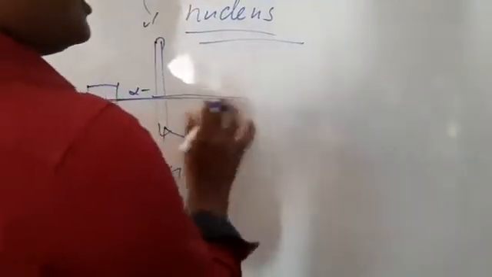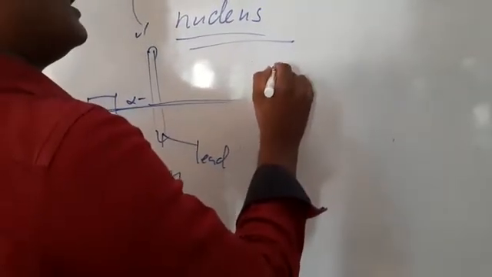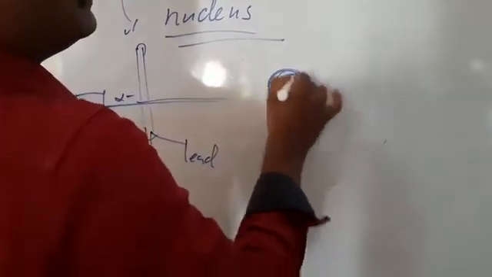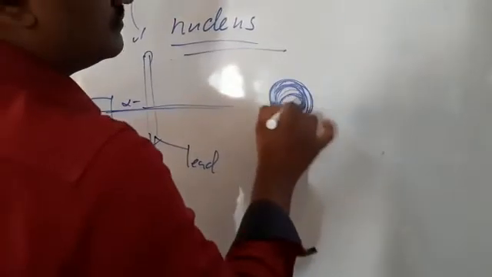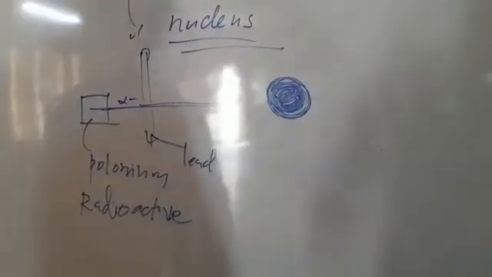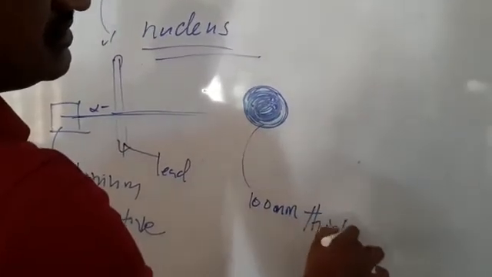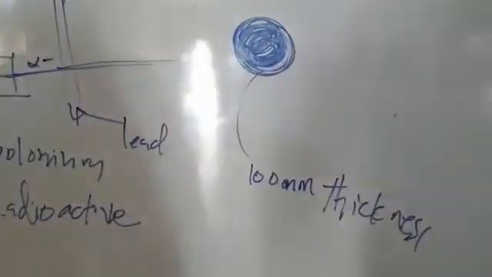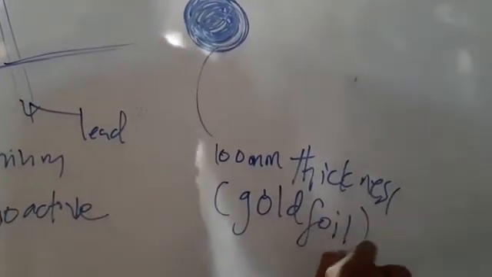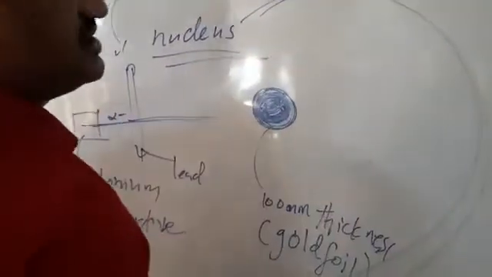These alpha rays are passed through a thin gold foil, about 100 nm thickness. A very thin gold foil. Around this he placed a fluorescent zinc sulfide material.